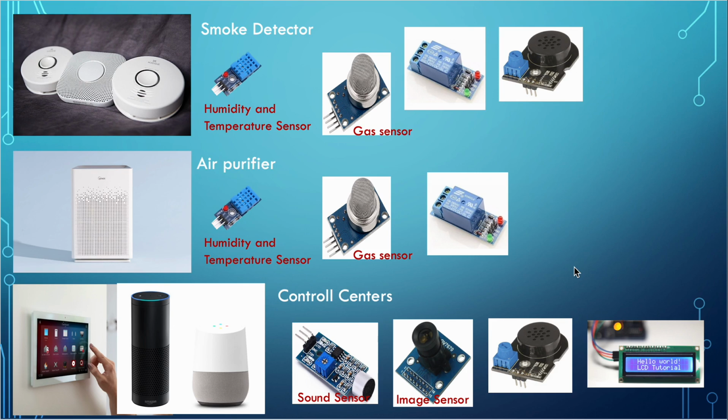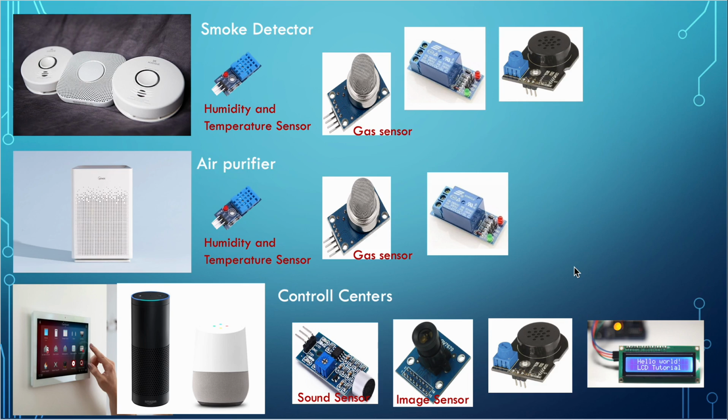By detecting those chemicals and the temperature of the room, change in humidity, and so on and so forth, using these sensors, the smart smoke detector could then calculate whether there's a fire or not.